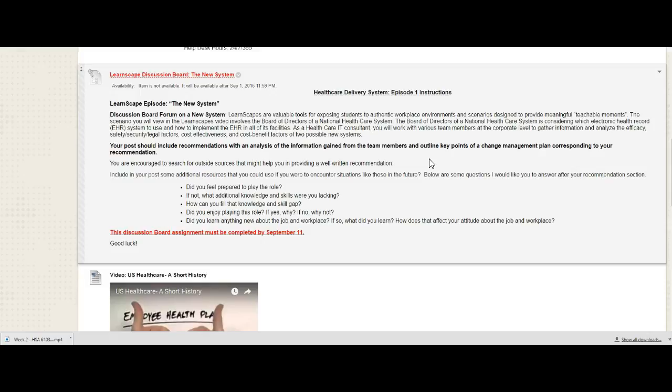In this case, you will be writing a recommendation with an analysis of the information gained from the team members, and you outline key points of a change management plan corresponding to your recommendation. I also have a couple of questions here on your experience using LearnScape regarding this specific scenario. And again, this assignment is due September 11th.